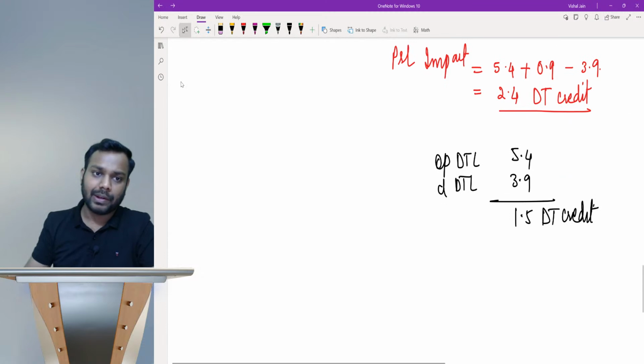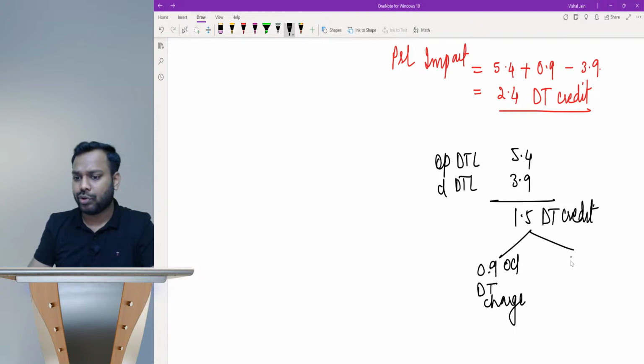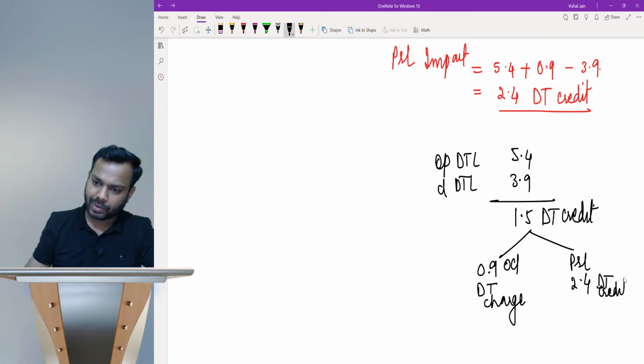Out of this, you are telling me 0.9 is OCI, deferred tax charge. So what is the impact that should go to P&L to make this happen? Don't you think that should be 2.4 deferred tax credit, right?